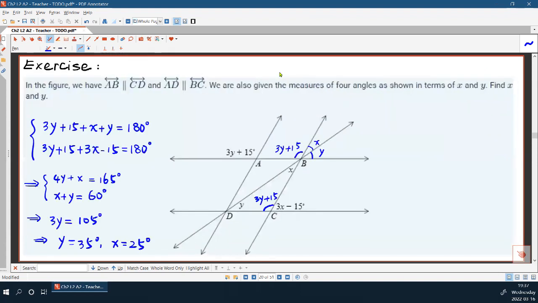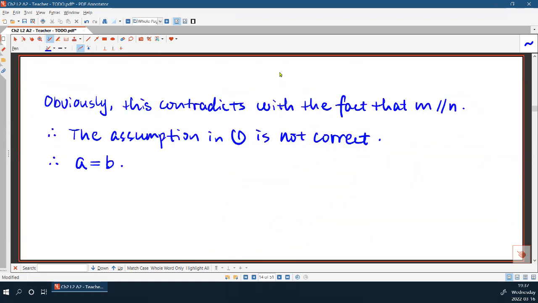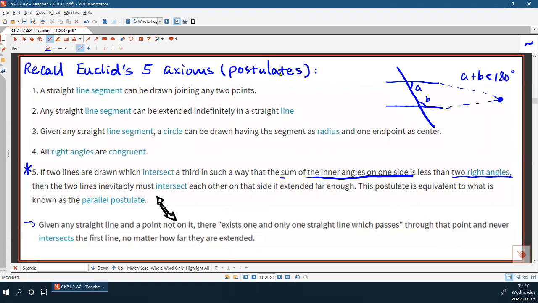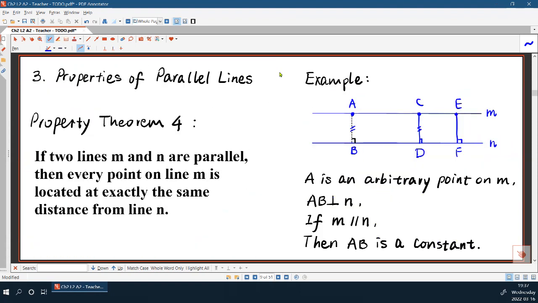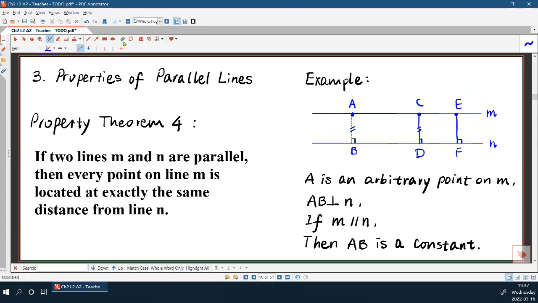We have a fourth property, right? I'm not giving you a strict proof for it, just a brief description. So why is this correct?